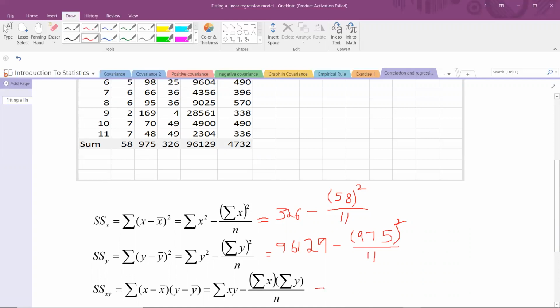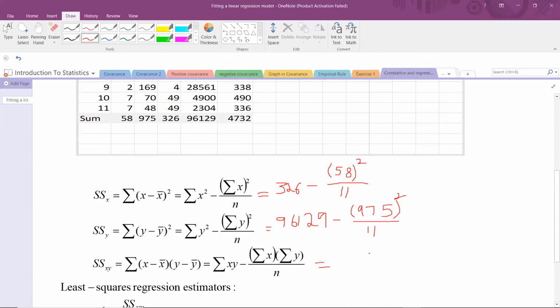Now the third item which is required is the numerator of the covariance formula. This is in the expanded form.